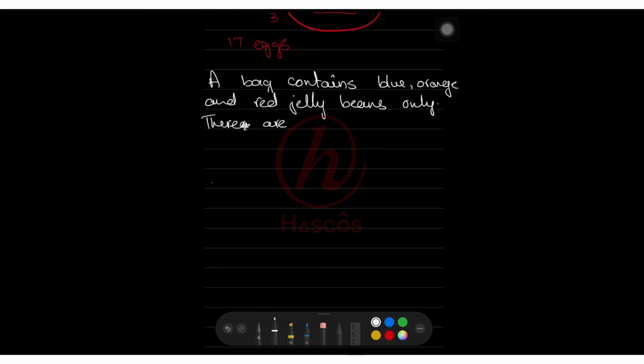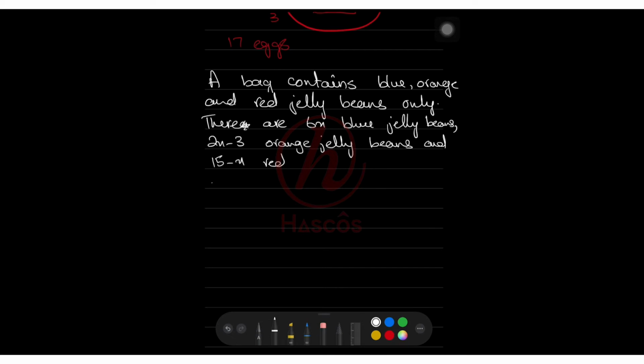There are 6x blue jelly beans, 2x minus 3 orange jelly beans, and 15 minus x red jelly beans.